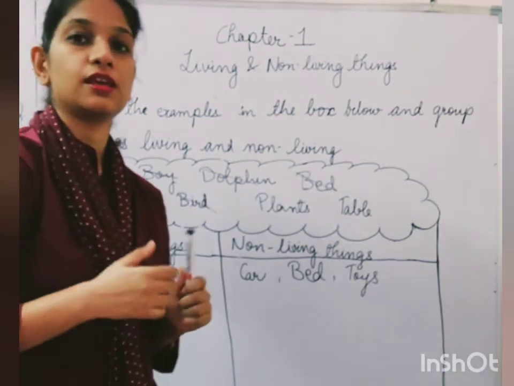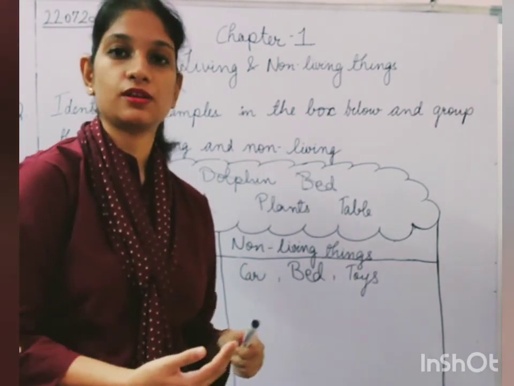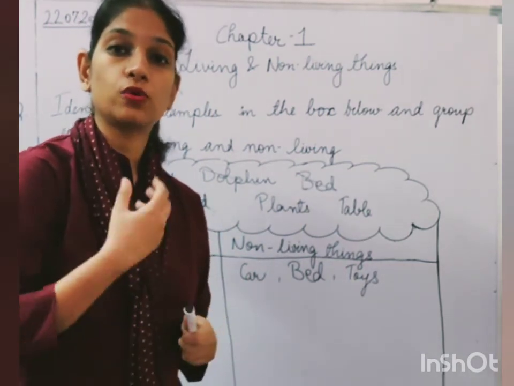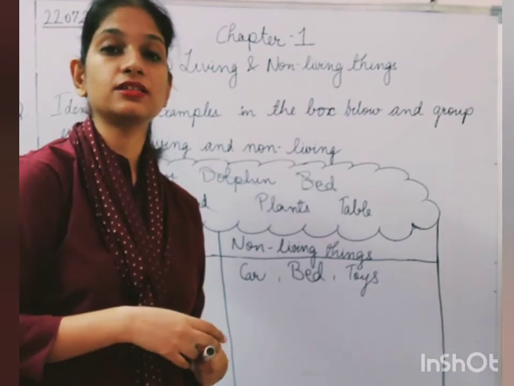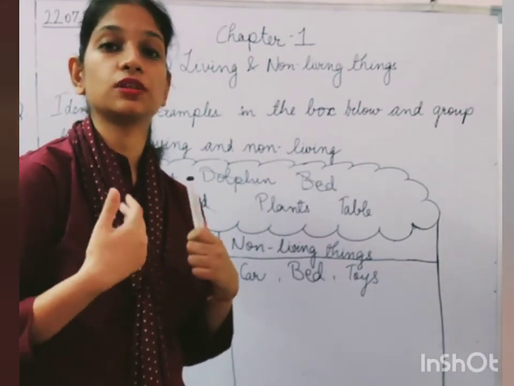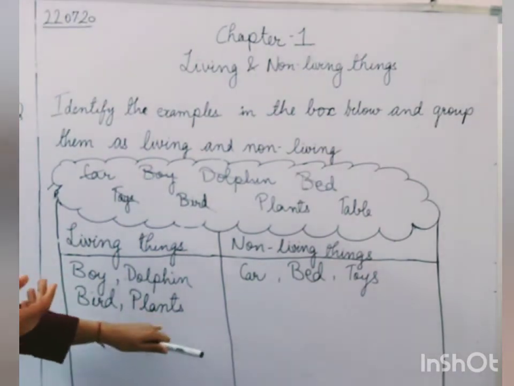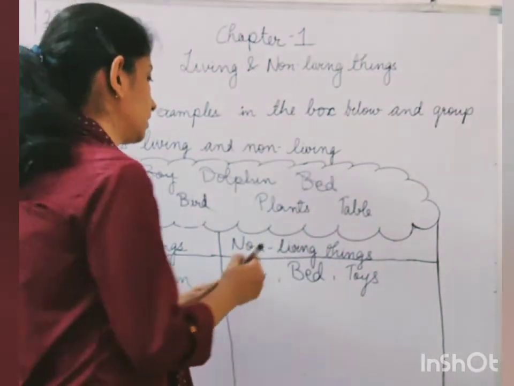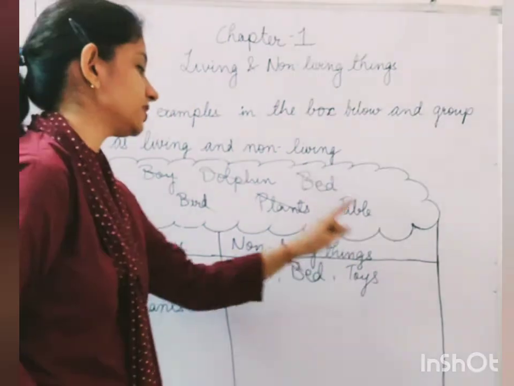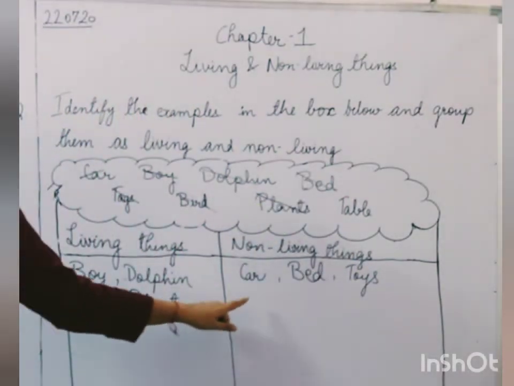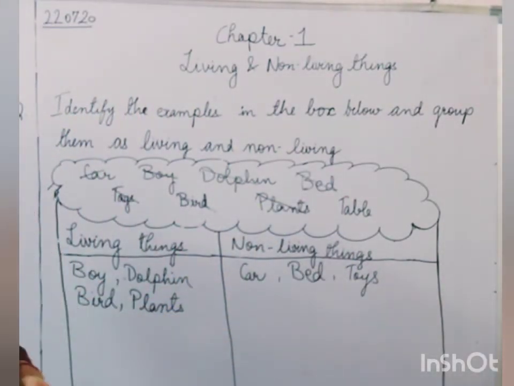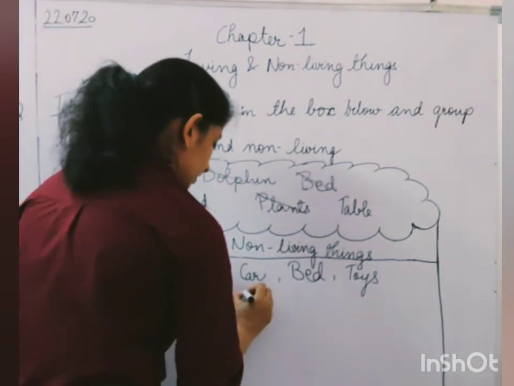Even if they cannot move from one place to another, they do grow, right? And they breathe also, they make their food also. So plants are living things. Next is table. Table is a living thing or a non-living thing? It's a non-living thing.